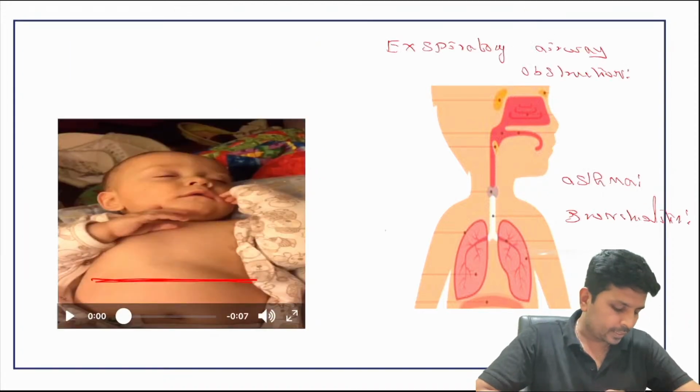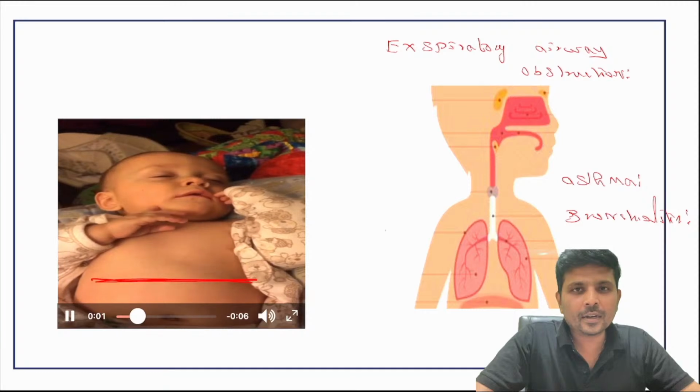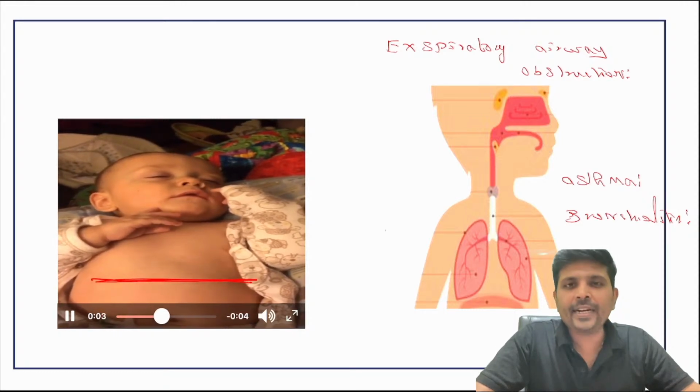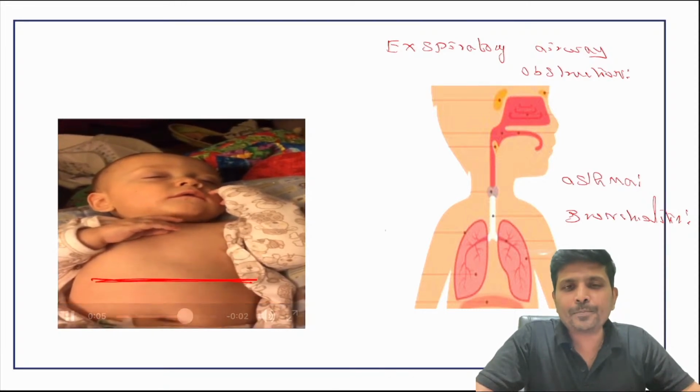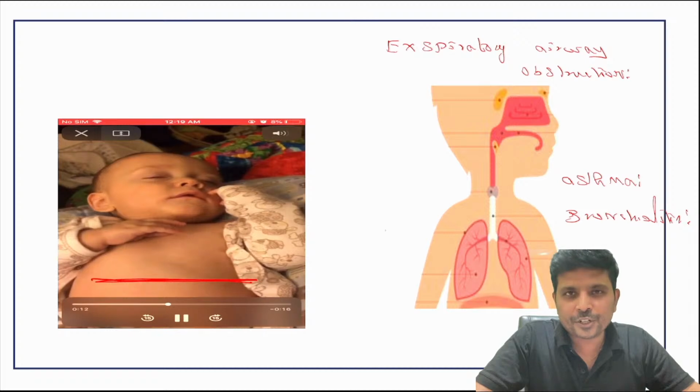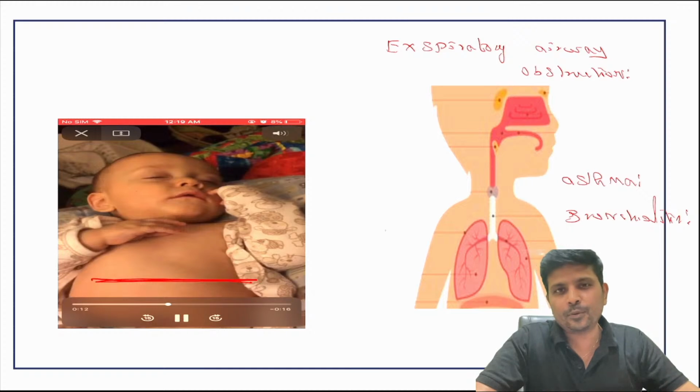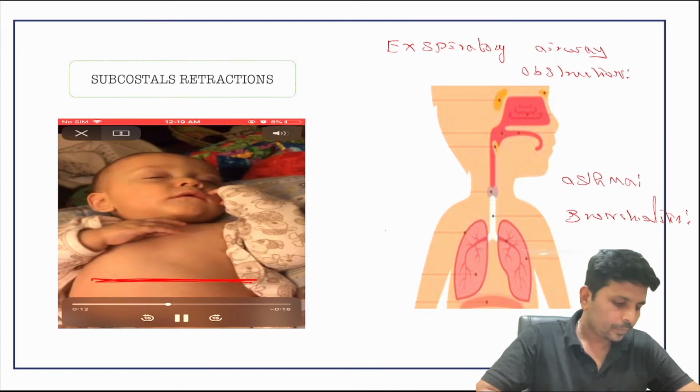The third is subcostal retractions, which indicates that there is an expiratory airway obstruction. The first episode of wheeze is called bronchiolitis, whereas recurrent wheeze episodes with subcostal retraction is called asthma in children more than 5 years.